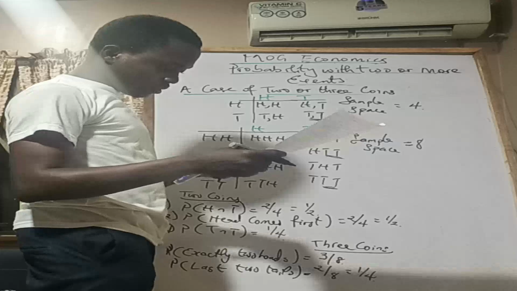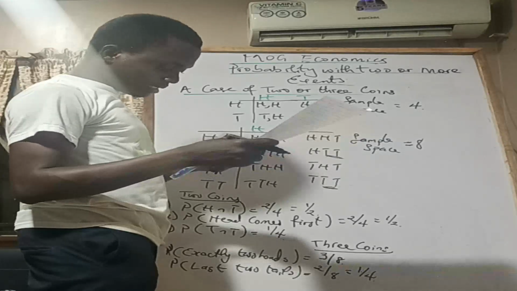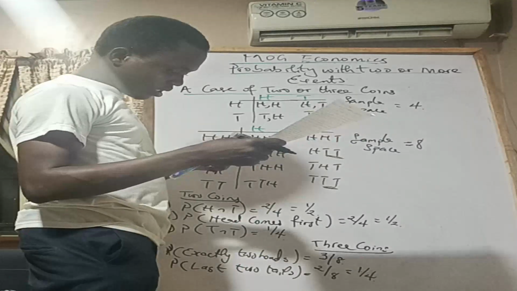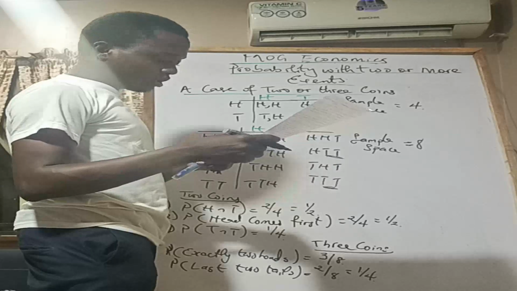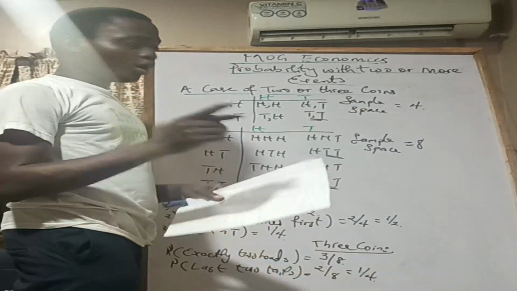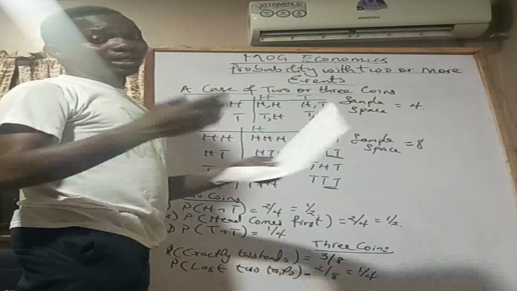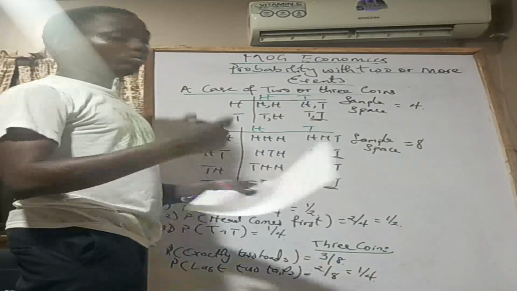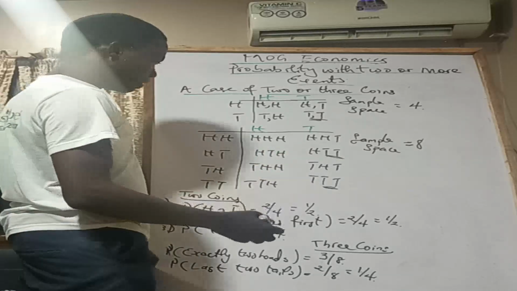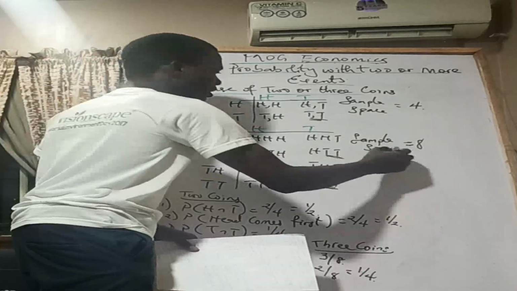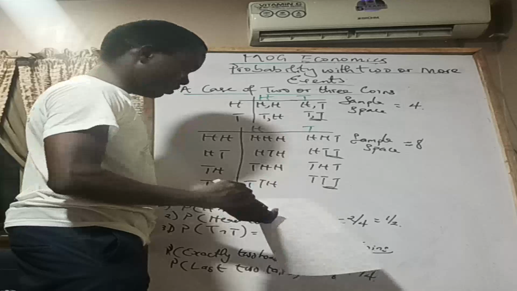Alright. Then the last one says all 3 tosses come up the same. So that is, you either have all heads or you have all tails.